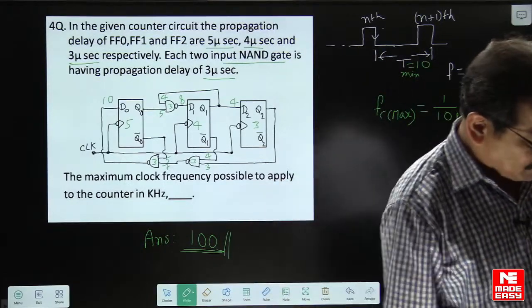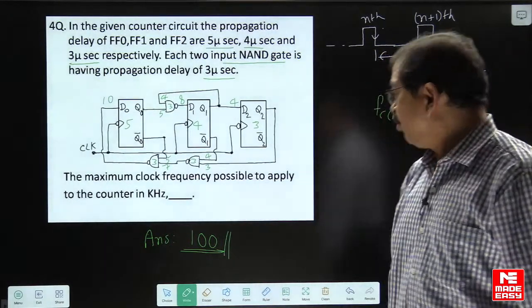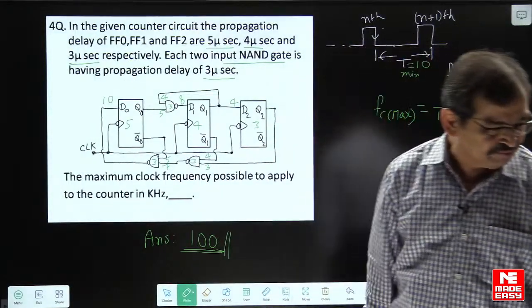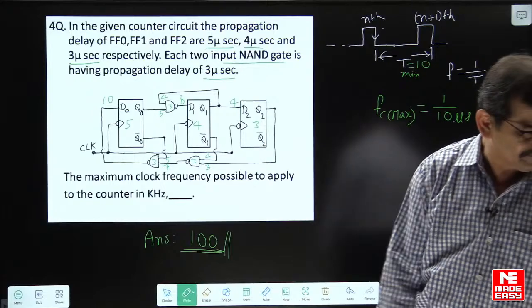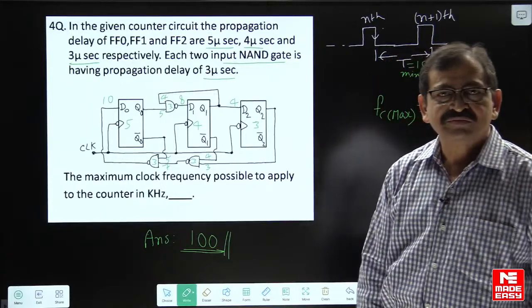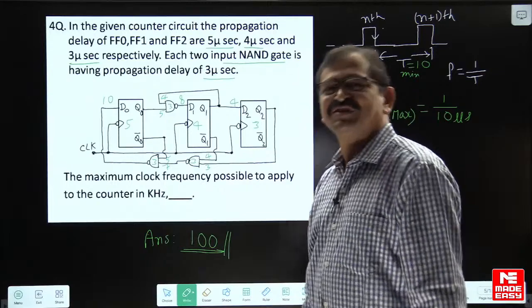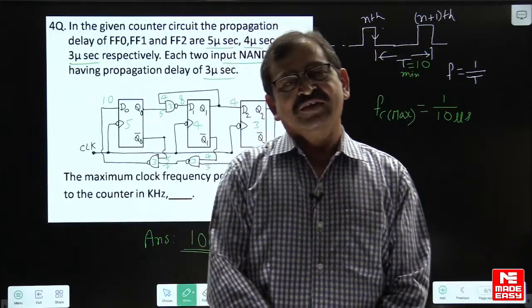Let's check how many of you gave the right answer. Everyone check. I am looking, many of you gave wrong answers. This type of question was not in the earlier GATE papers.